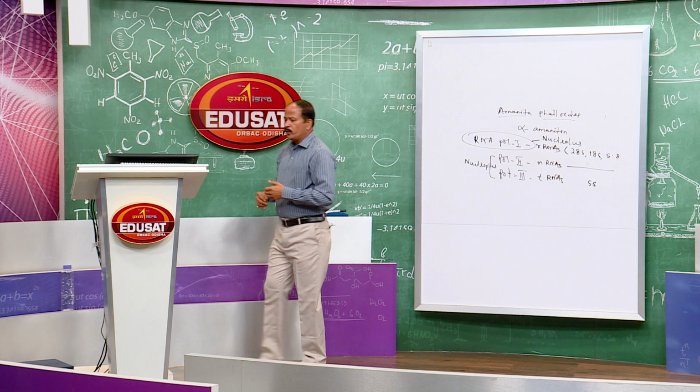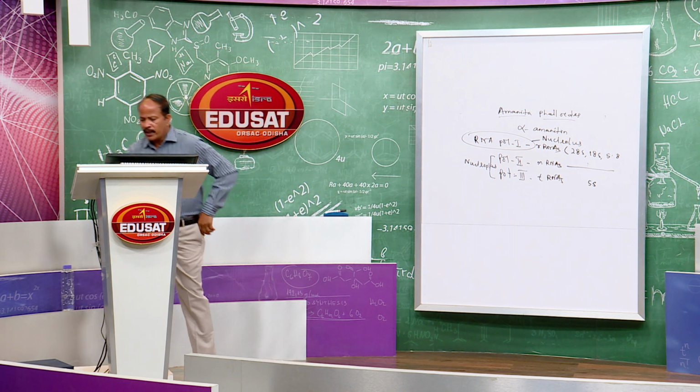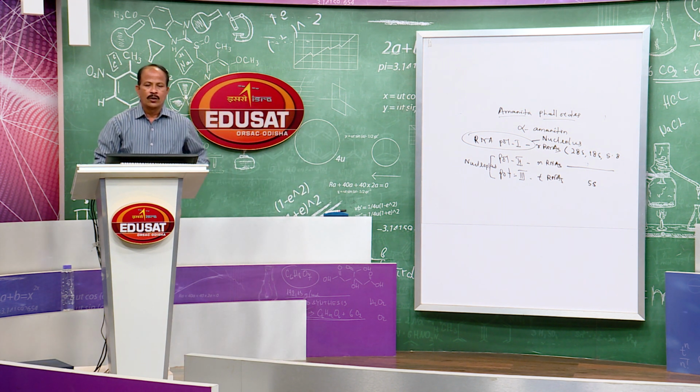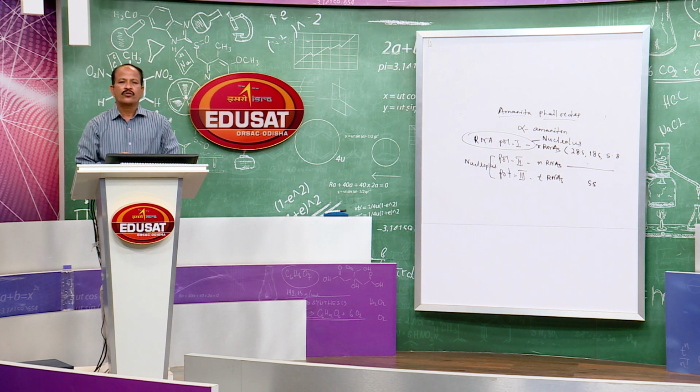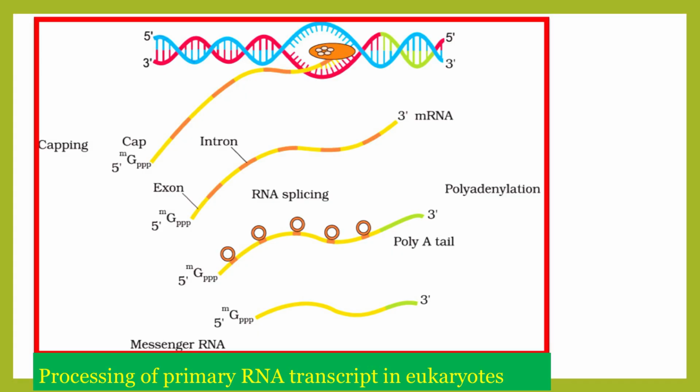Now, let me explain how this RNA processing occurs. The immediate product of transcription is the transcript. It contains both exons and introns. The processing of primary RNA transcript is very complex in the eukaryotic system.